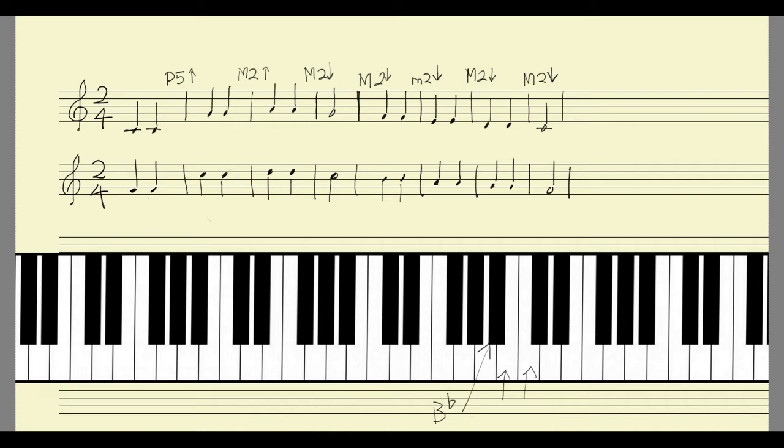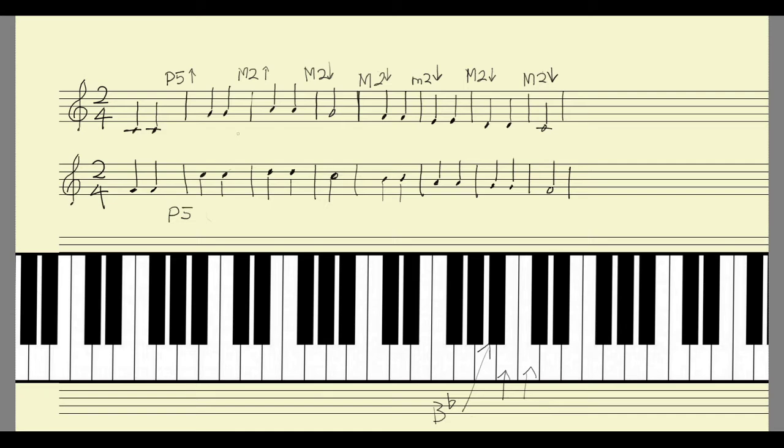But is it a perfect fifth? We need to know that a perfect fifth has 7 half steps, so let's investigate. F0, F sharp 1, G2, G sharp 3, A4, A sharp 5, B6, C7. Yes, so we have a perfect fifth up.